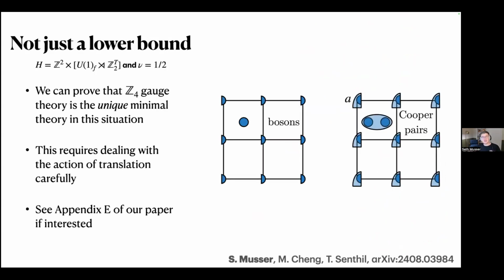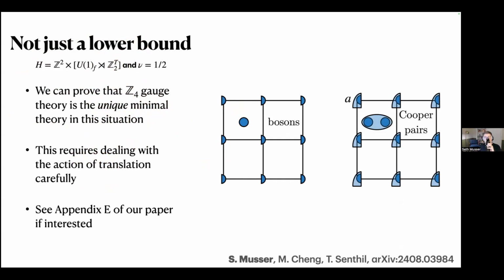So it turns out that this isn't just a lower bound. We are able to say more than just that we must have 16 total anyons. We can actually prove that Z4 gauge theory is the unique minimal topological order in this situation. So given this filling and this symmetry, you have to deal very carefully if translation permutes anyons.